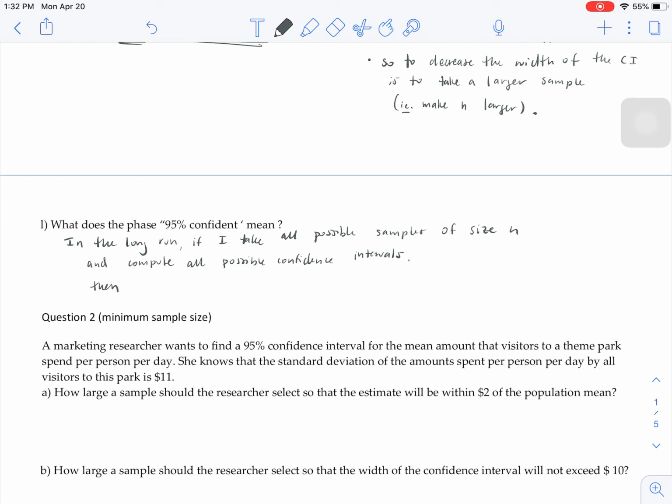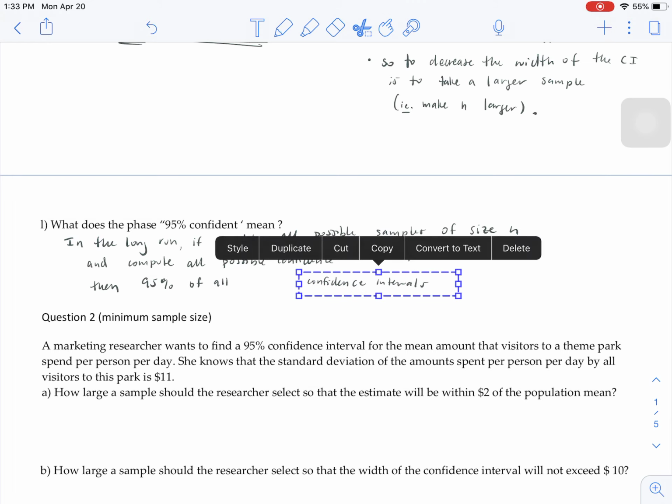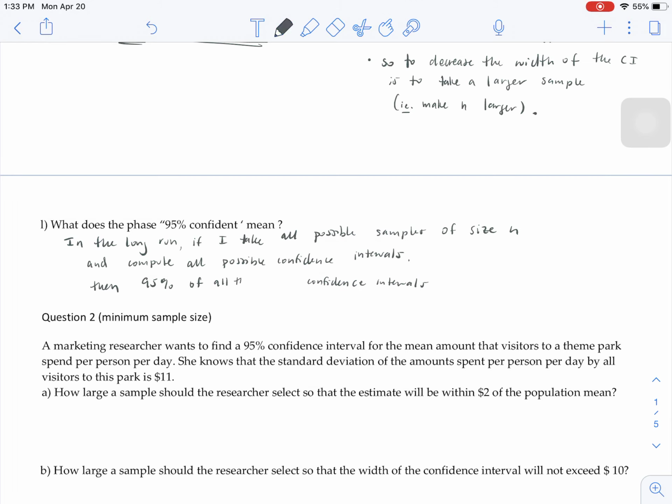then being 95% confident means that 95% of all the possible confidence intervals will contain our population mean, our true population mean, mu.